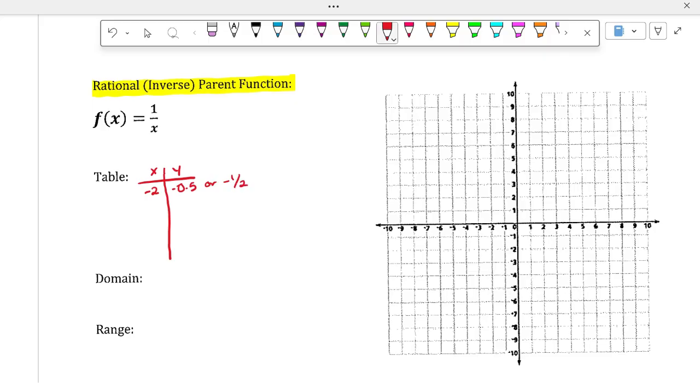Then -1, -1. 0 is undefined. 1, 1, to positive 0.5 or positive 1/2. So if I graph it, I have -2, -1/2, so it's about right here. -1, -1, 1, 1, 2, and 1/2. And if I drew the graph to look like the one in Desmos, it looks like this.